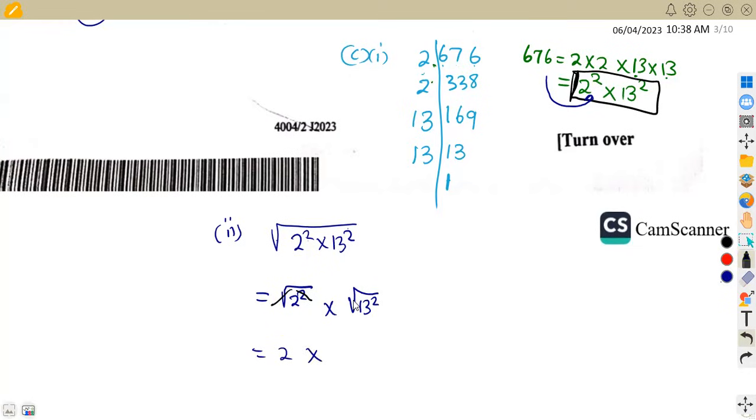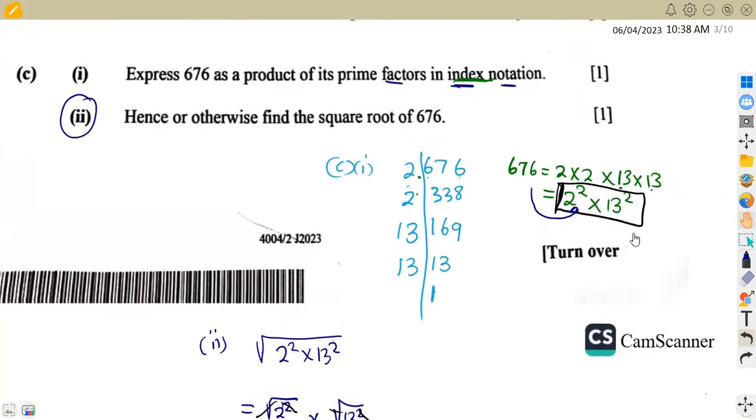Also here, the square root and the square cancel, meaning we remain with 13. So 2 times 13 will be 26. So the square root of 676 is equal to 26. If you use your calculator, you can prove that the square root of 676 is 26. So that is how we were supposed to answer this question.